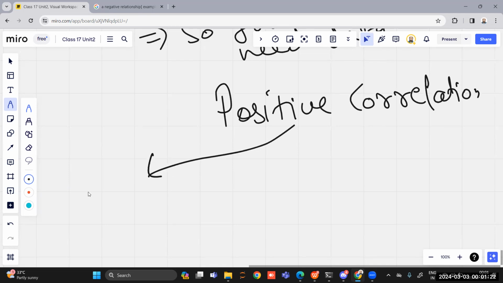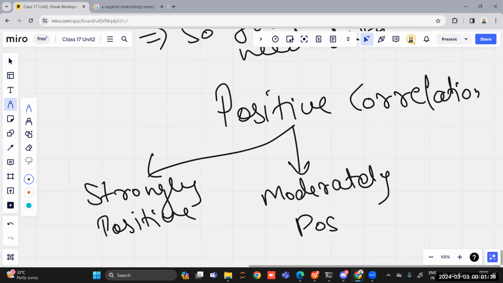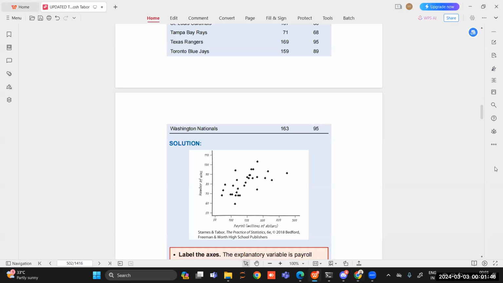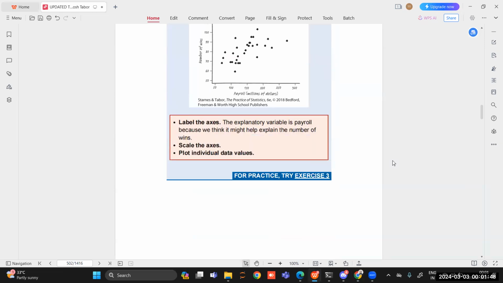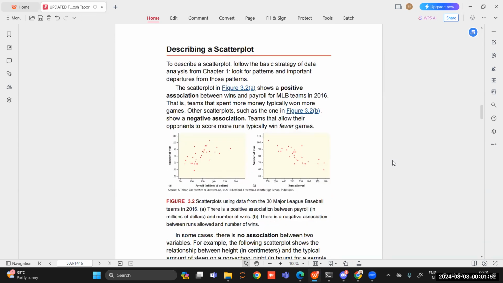Generally we say three kinds of positive correlation: strongly positive, moderately positive, or weakly positive. So what is it? Moderately positive. Yes. Moderate. Okay, understood, right? Yes.